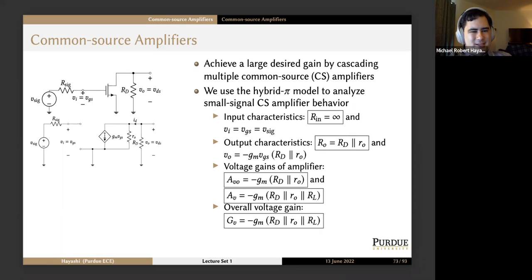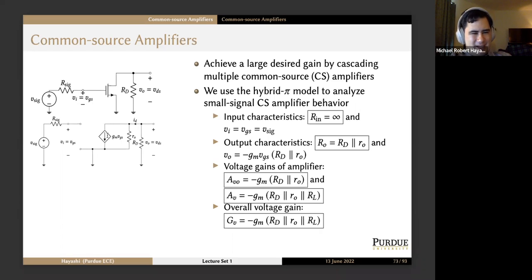Since this current must flow through these two resistances, which appear in parallel, we get that this output voltage is gm VGS, the current, times RD in parallel with RO, with a negative sign because the current isn't flowing in the direction determined by our passive sign convention.